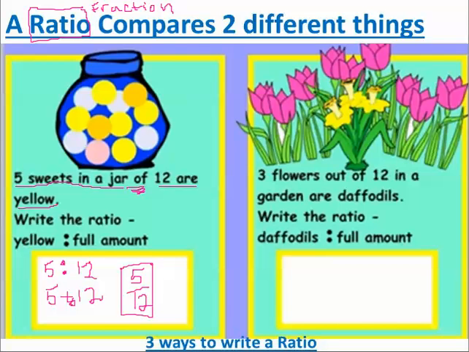If 3 flowers out of 12 in a garden are daffodils, then we can say 3 of 12. Now in this case, we would probably want to reduce and say, oh, well that's the same as 1 over 4. The ratio 3 over 12 is equivalent to 1 over 4. They are the same ratio. We can say 3 out of 12, or we can say 1 out of 4.